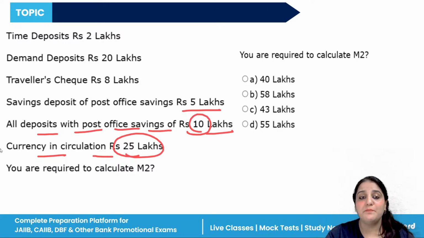For the calculation of M2 we have to calculate M1 first. And how to calculate M1?